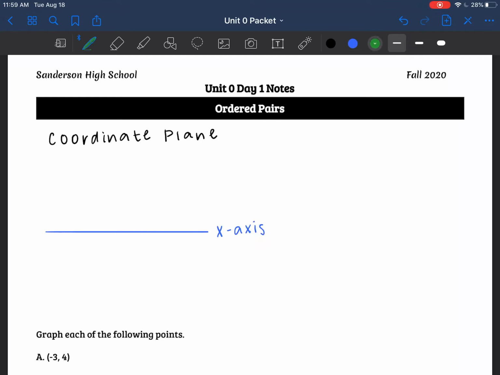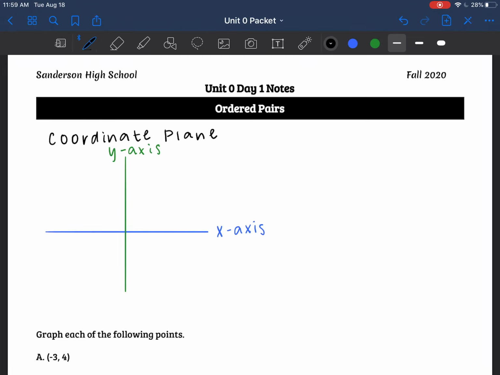We have a second axis that runs up and down. So it looks like this, and we call that the y-axis. And one way I heard that I think helps you remember which one is which: the y has a tail that goes up and down just like your y-axis goes up and down. So that might help you remember that if you have a hard time keeping those apart.